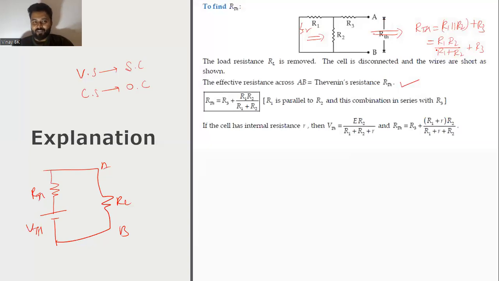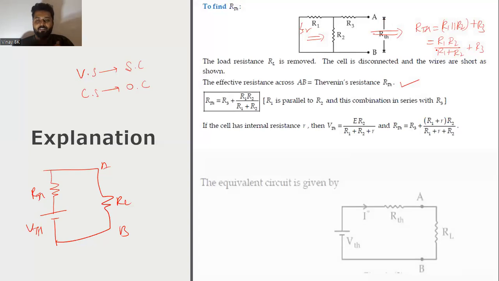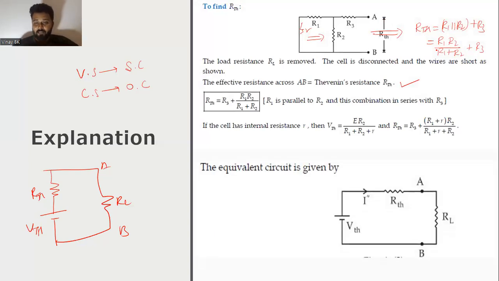If there is a voltage source, short circuit it; if there is a current source, open circuit it, then you'll be getting the value of Thevenin's resistance called the equivalent resistor. Then you are drawing the Thevenin's equivalent circuit, which consists of VTH in series with RTH across load. With the help of this, you are finding the value of IL. The current that flows to the load is IL, which is given by VTH divided by RTH plus RL. This you need to write.